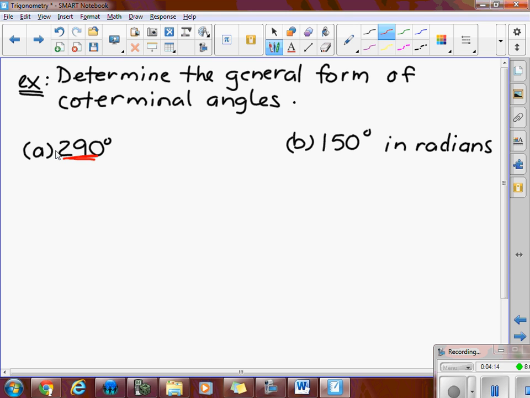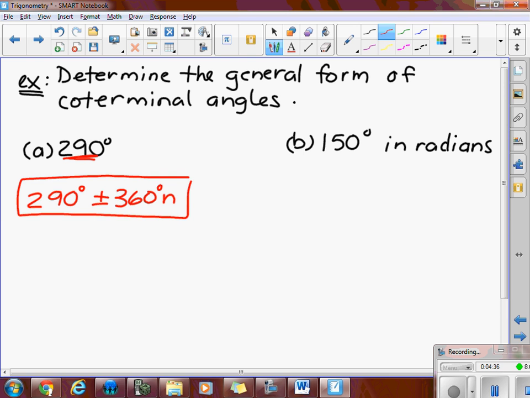If I wanted to get a coterminal angle, all I have to do is either add or subtract 360 degrees any number of times I want. So there's the general form of the coterminal angles. You either just add or you subtract 360 degrees however many times you want. That one's done. That's how I would get all of the coterminal angles.